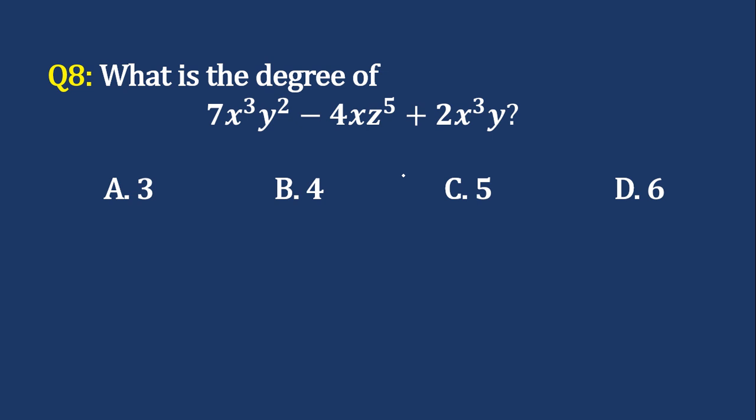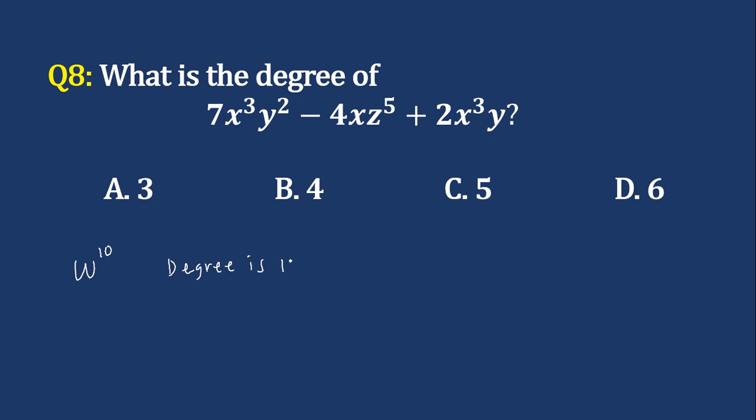So the degree of a constant is zero, okay? And the degree of a single variable with an exponent is equal to the exponent. For example, if you have w raised to 10, the degree of this is 10.